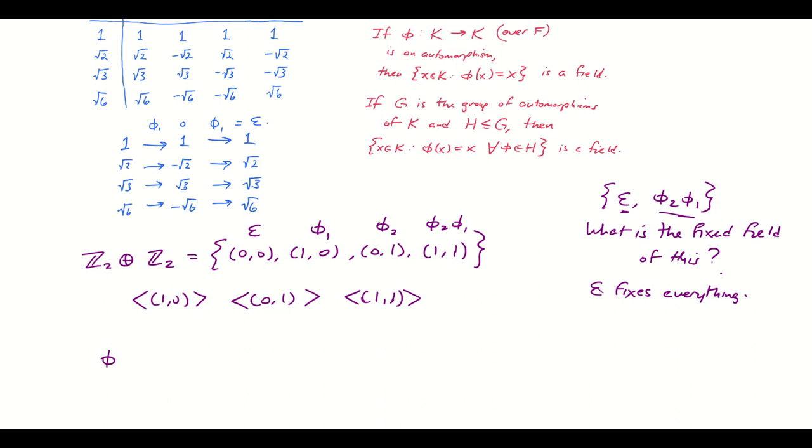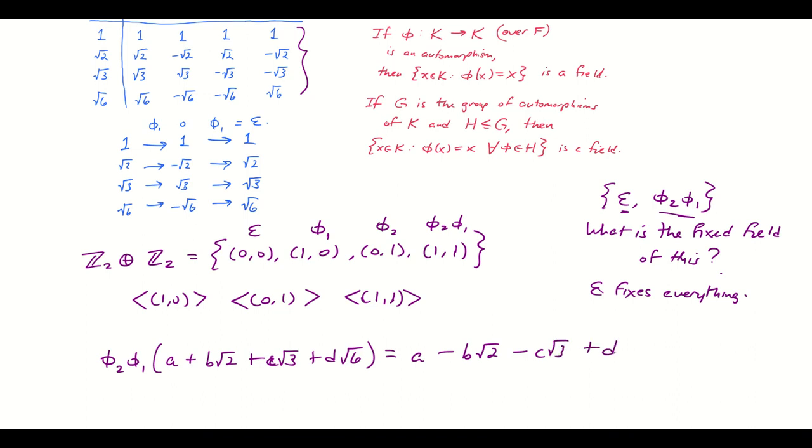All right, so first let's write down what phi 2 phi 1 does to a typical element of our field, a plus b root 2 plus c root 3 plus d root 6. Based on this table here, this is going to go to a plus b times negative root 2, so minus b root 2, and then plus c times negative root 3, that's minus c root 3, and then finally plus d root 6, because root 6 goes to itself.